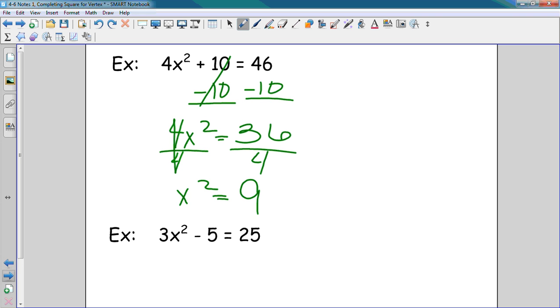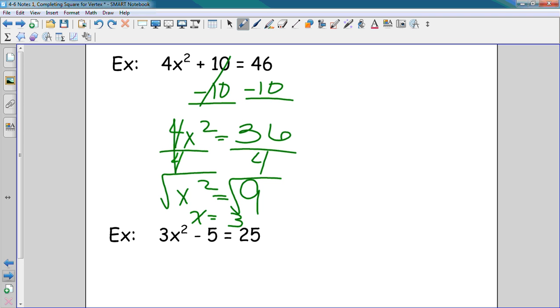How do I get rid of the squared? Square root. Now, what is the square root of 9? 3. 3 times 3 is 9, right? Good try. Okay, so I have x equals 3. Now, that's almost right. What's wrong with that answer?